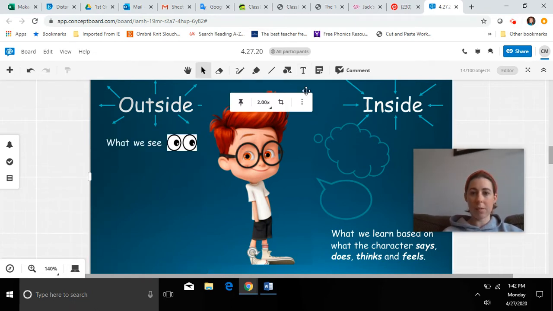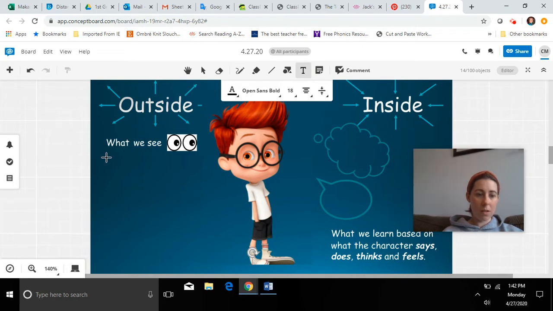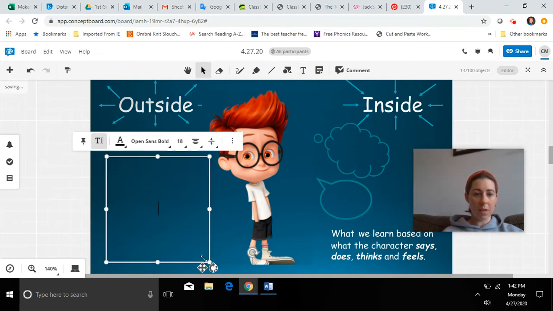Let's see. Let me fix this. There we go. What do we see? He has glasses. Okay, that's something we see. What else do you see? Think about it and put it in a sentence at home. You could say, he is blank.